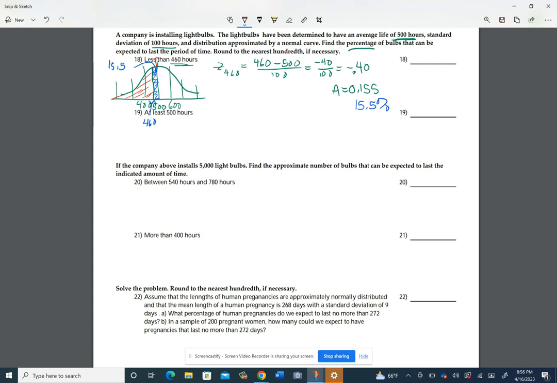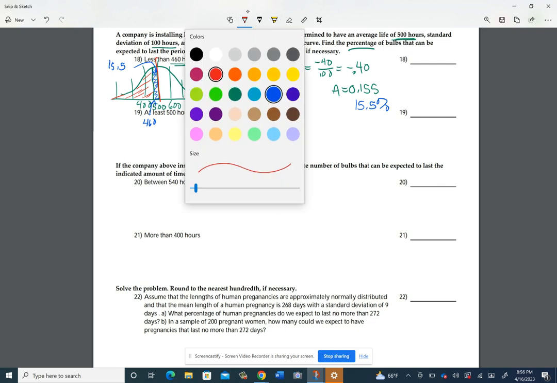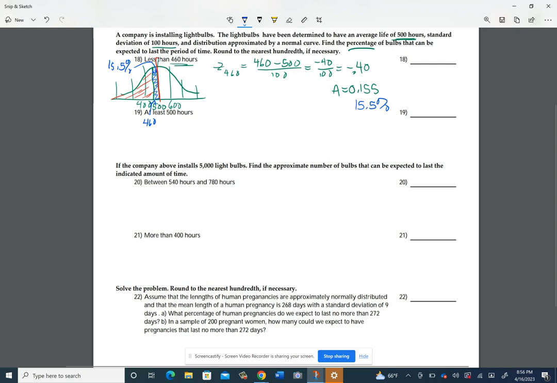So here was the mean, okay? We know the blue is 15.5%. But we want to know the rest of it on that side. So we should take 50% minus the 15.5%.